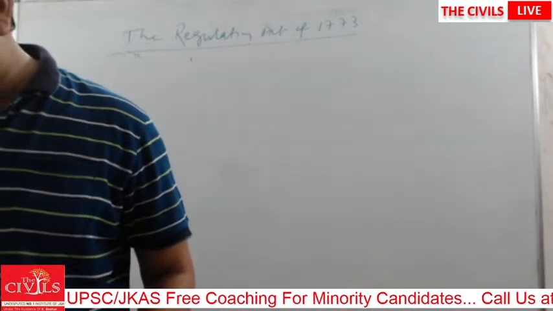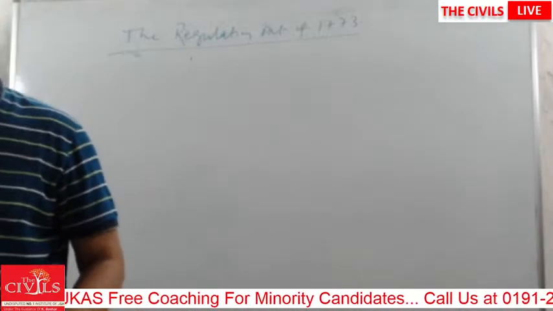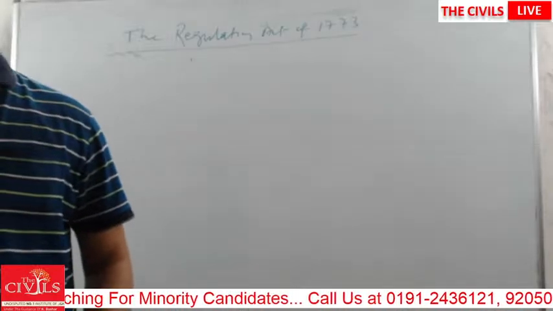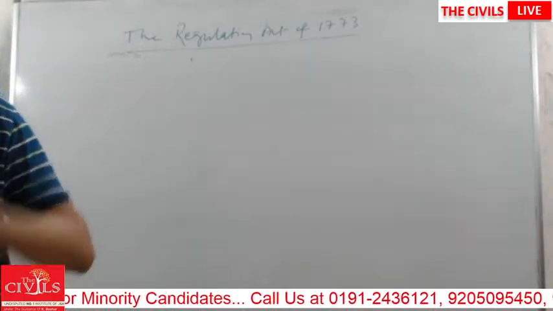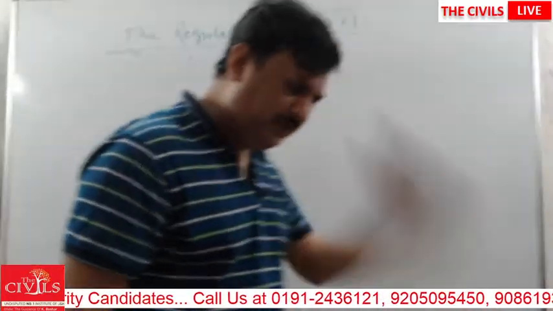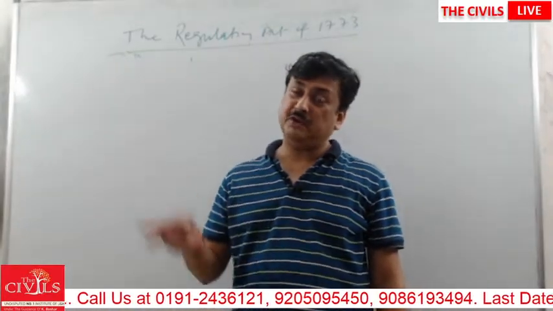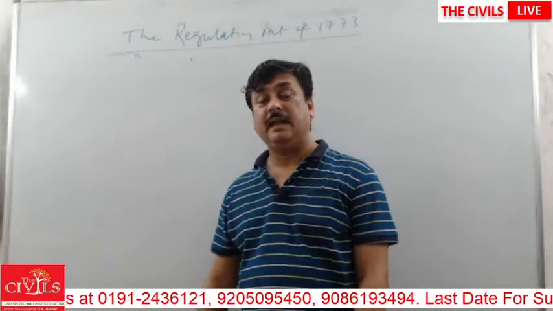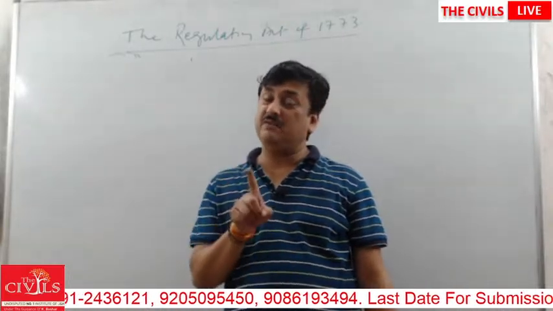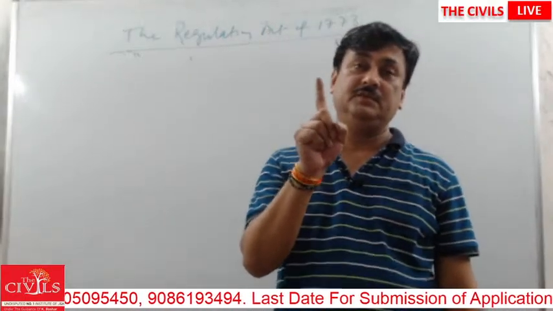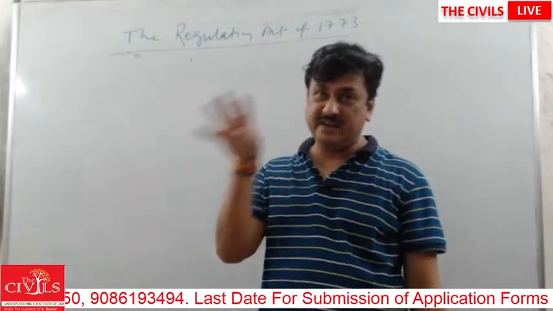Is it clear to all of you? Write down, this is very, very important. Why did British Parliament pass it in 1773? One of the reasons was the Charter of 1600.